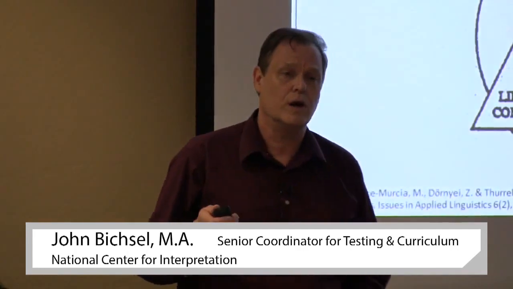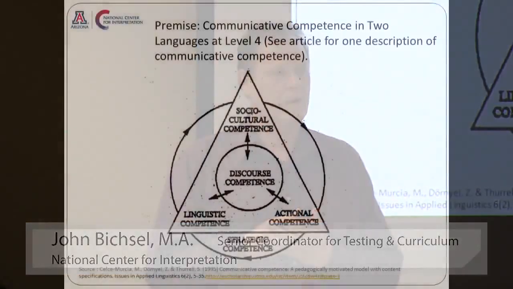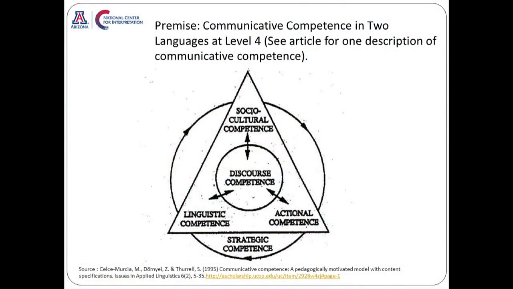Now, sociocultural competence would be knowing the rules of the society where you live. It would be knowing how to open a conversation, how to interrupt a conversation, how to end a conversation. It would be the ability to express an apology or to say please and ask for something.